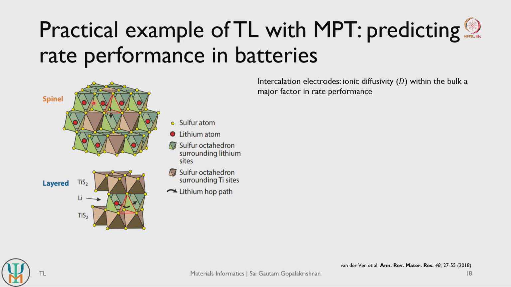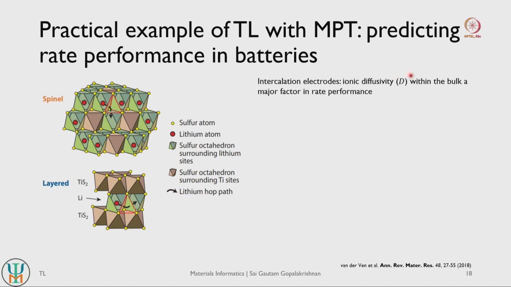The rate at which lithium ions can move across your electrode material basically dictates how quickly you can charge or discharge your battery. So in other words, the rate at which your lithium ions move indicates the rate performance of your batteries, right. And this rate of movement is what is quantified as ionic diffusivity, right.